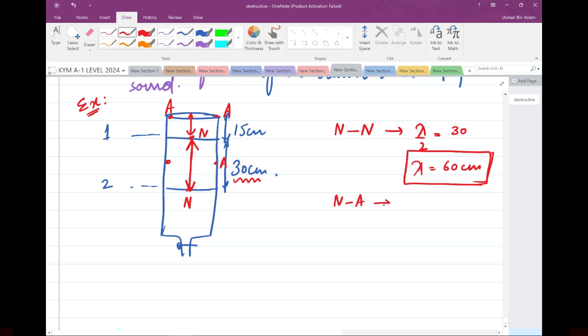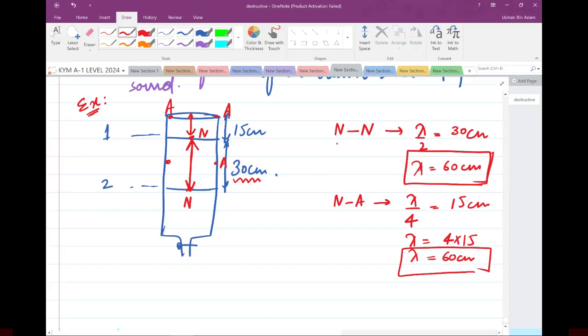You could recall that is equal to lambda by 4. In this case, it is equal to 15 centimeter. So from here, the wavelength comes out to be 4 into 15. That gives you 60 centimeter. The same answer can be derived by using node and node or a node and antinode. Do you understand that?